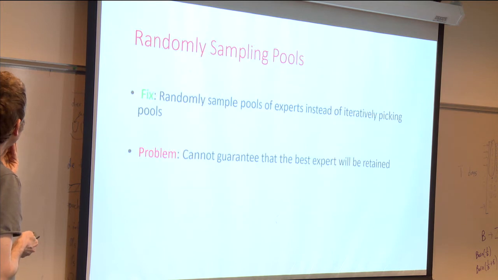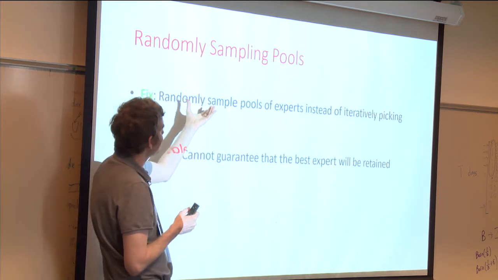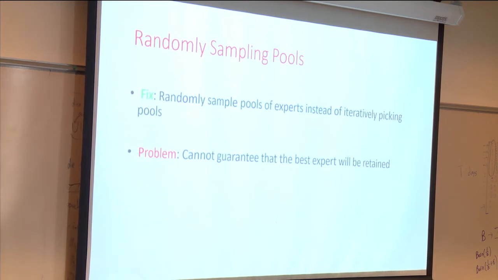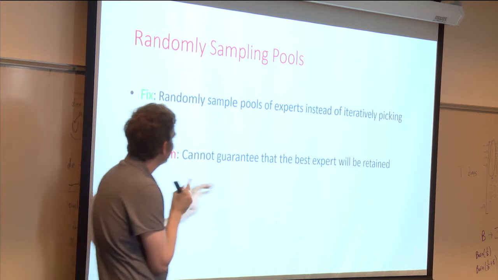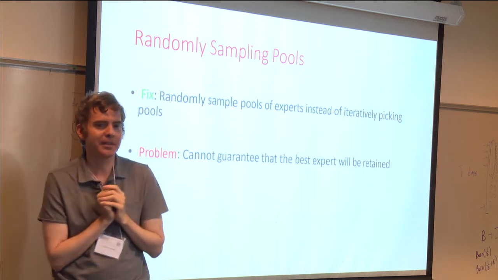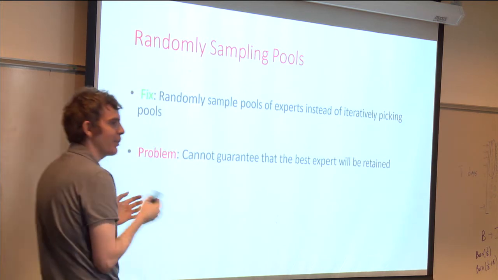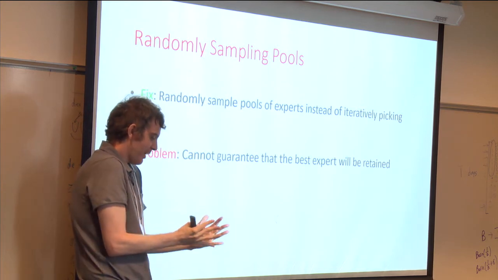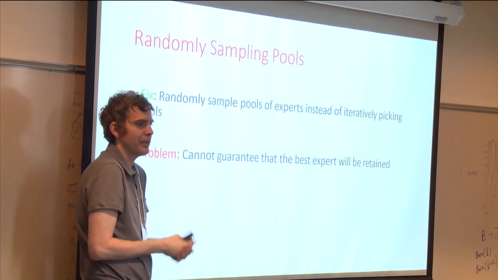Right. OK, so a natural idea instead is to try to randomly sample the pools of experts instead of iteratively picking them. One issue here, though, is you cannot guarantee that the best expert will be retained. In fact, this is a major issue, right? You might sample the best expert at some point, but it makes a lot of mistakes in that region of days around when it's sampled, and you throw it away.